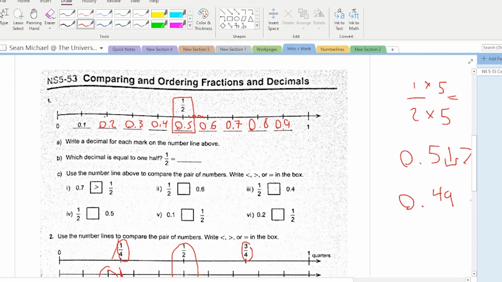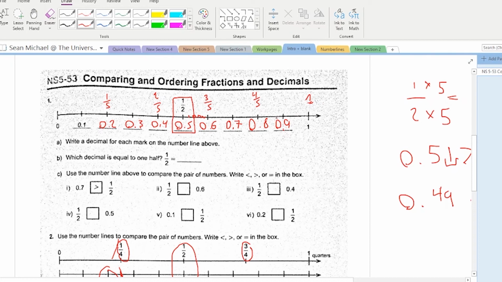Well, the first fifth, 1/5, is right here. Second fifth is 2/5, and then you can have 3/5 and 4/5, and obviously 1 whole.